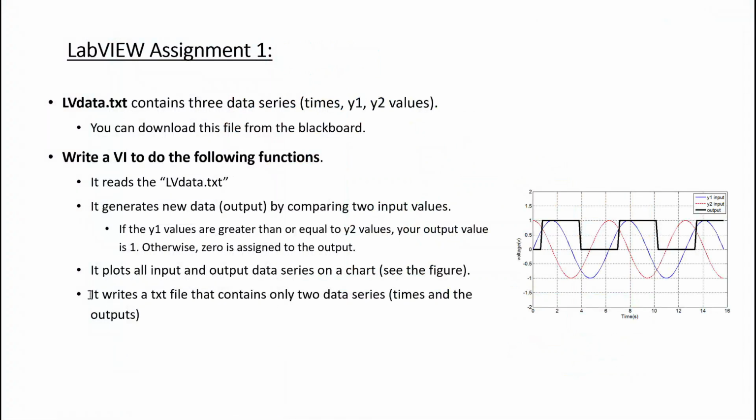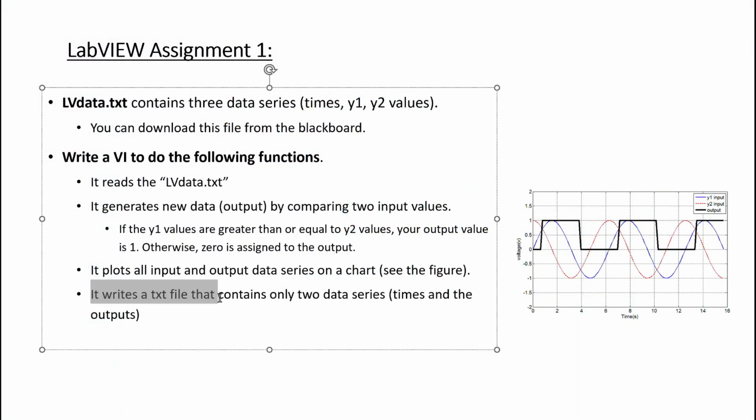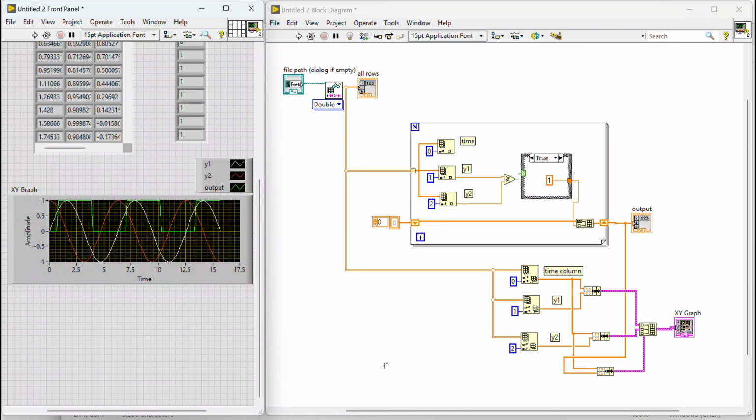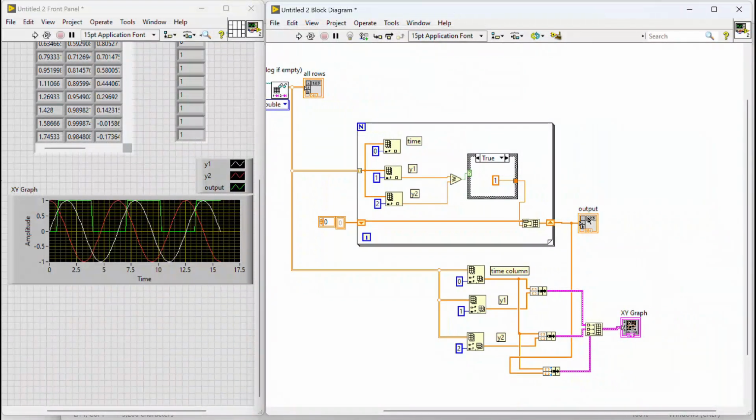After that, we write a txt file that contains only two data series, time and output. So as a file, we want to save time information and only the output information. This line is all the time information, and this is the output information.